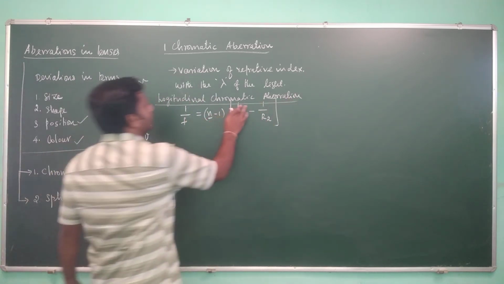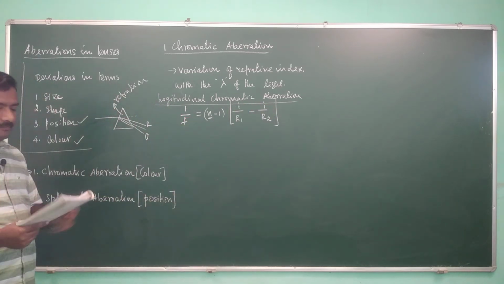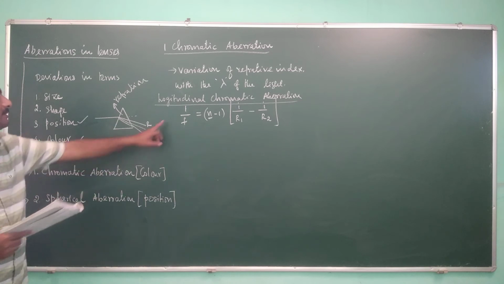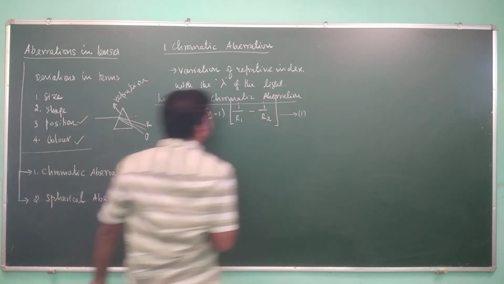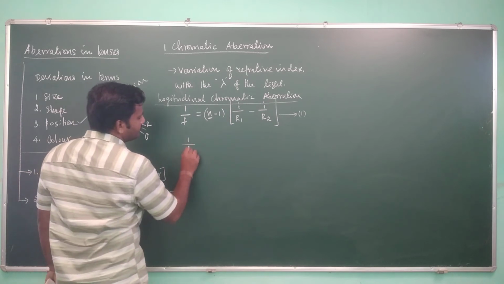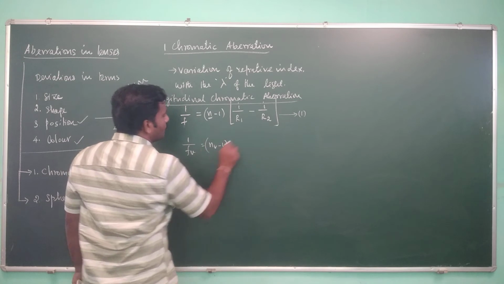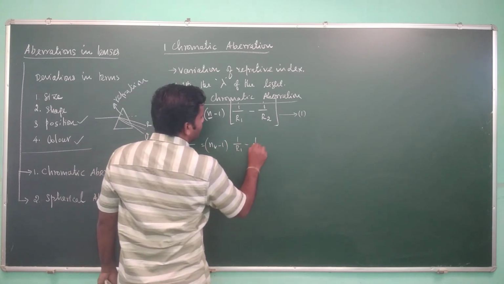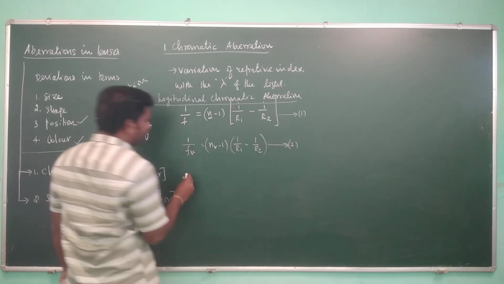So let us start from this equation. The focal length of a given lens is this, as equation 1. Now this focal length will differ for different colors. Let me write the focal length of the violet color as (NV minus 1) times (1 by R1 minus 1 by R2). This is equation 2.